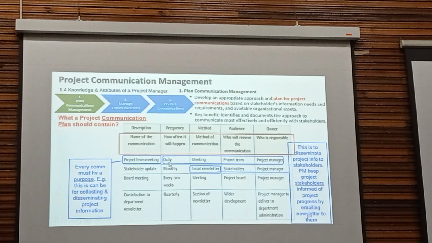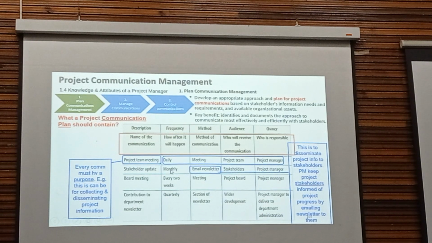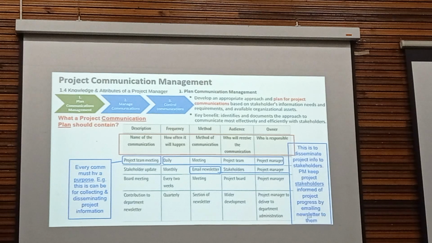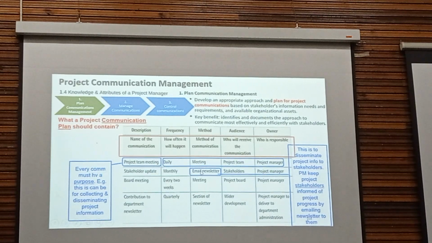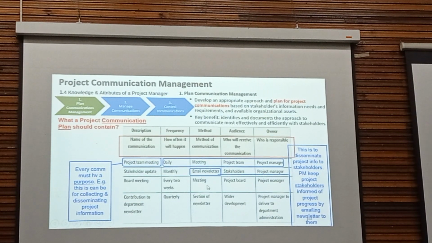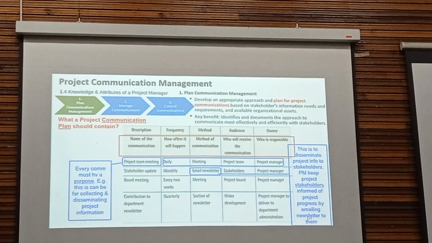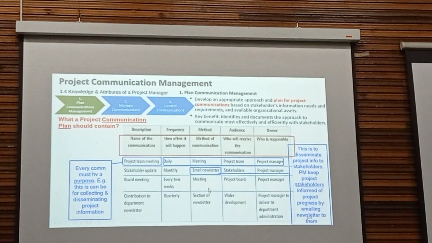Okay, so this is daily, and this is monthly. This is a monthly email newsletter. That means you want to update stakeholders every month about project progress. If the project is 6 months long, then you will be doing this 6 times. If the project is again 6 months long and you have a board meeting every 2 weeks, that means there will be 12 board meetings.